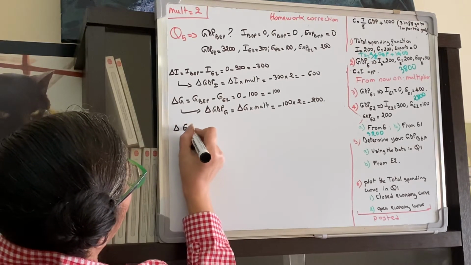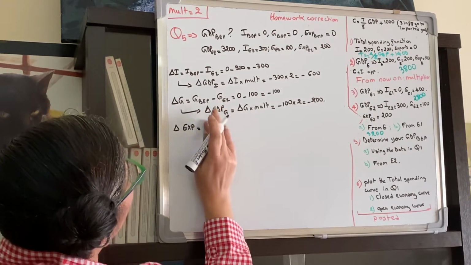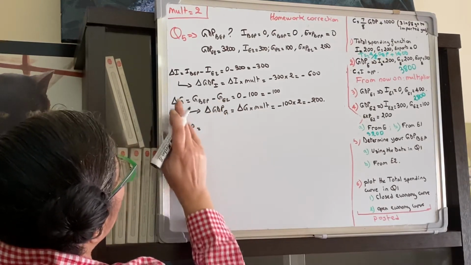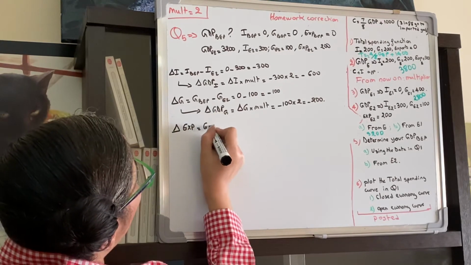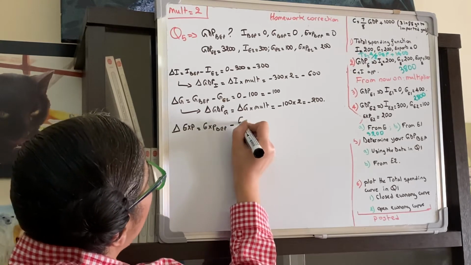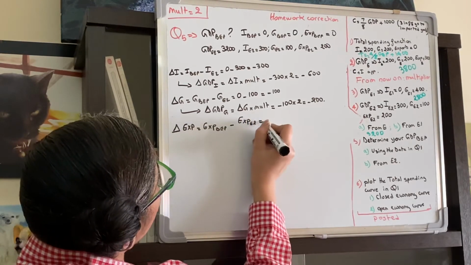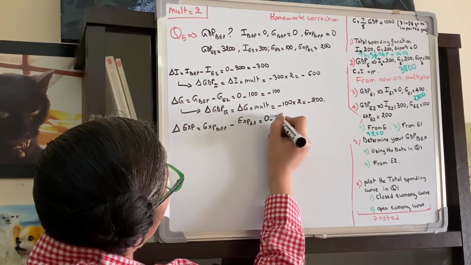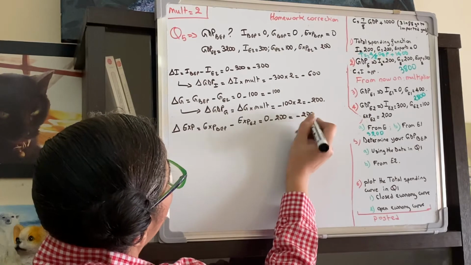Delta exports is equal to exports at BEP minus exports at E2, which is equal to 0 minus 200, which is equal to negative 200.